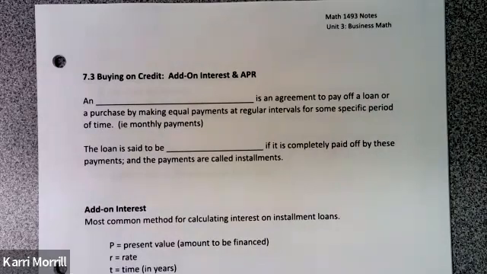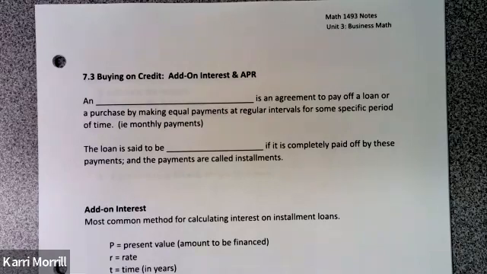It says a blank is an agreement to pay off a loan or a purchase by making equal payments at regular intervals for some specific period of time. So that would be like a monthly payment. Remember when we did a problem in the last lecture about monthly payments? We said, yeah, you're going to pay $58 per month.